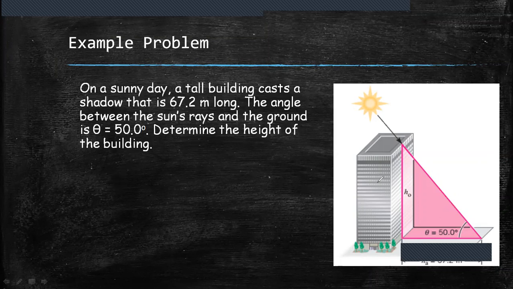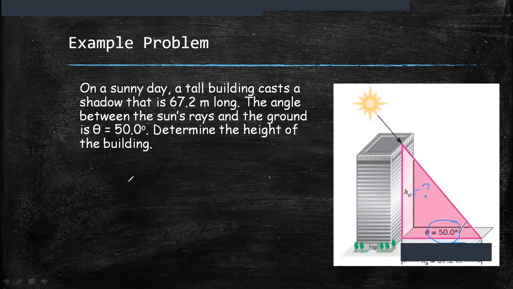As illustrated in the figure, 67.2 is the adjacent side of the angle 50 degrees. We are looking for the height of the building, which is h_o, and h_o is the opposite side of angle 50 degrees.